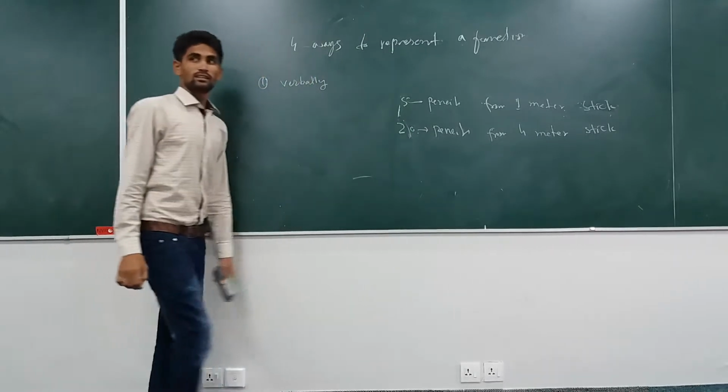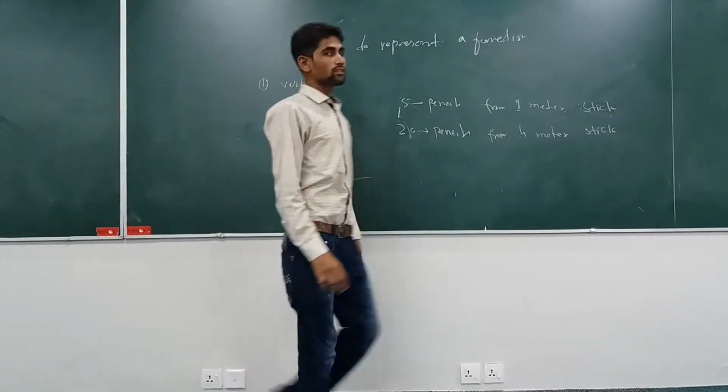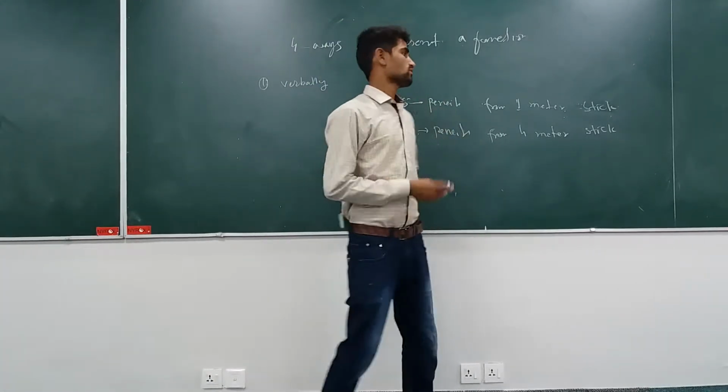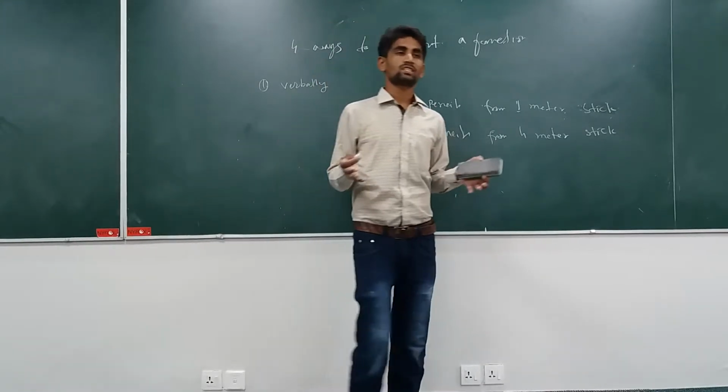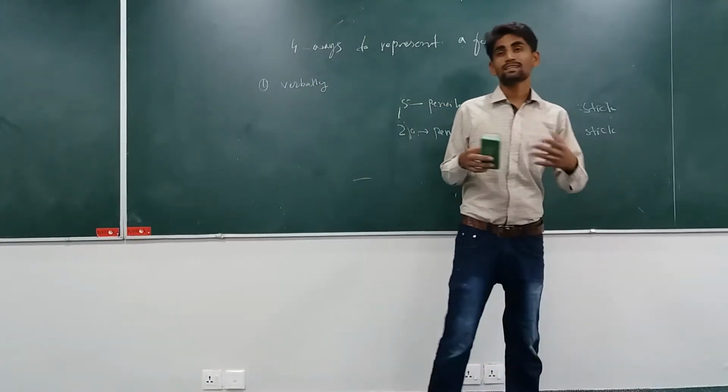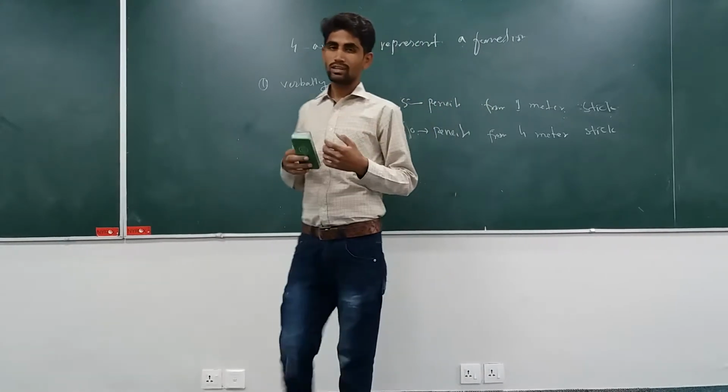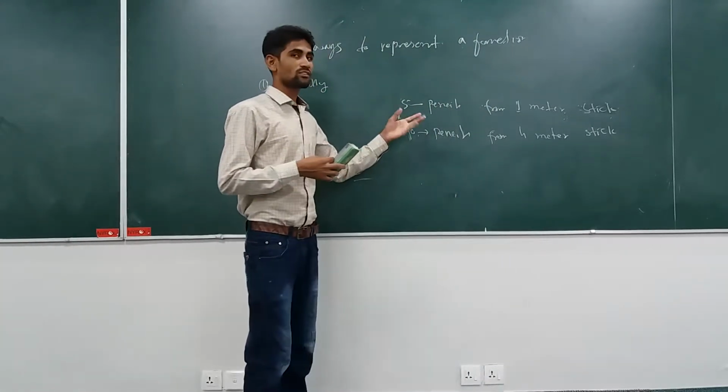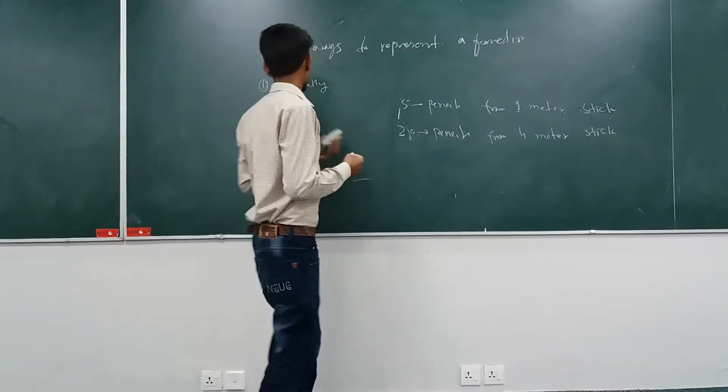You got it? So here is a function and I am representing it verbally. This is the verbal representation of a function, because I am describing it in words. Now carry on to the next part.